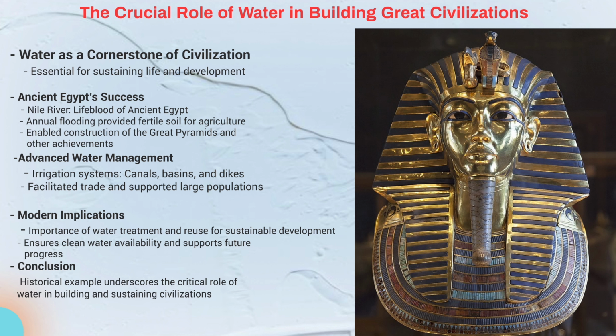The Nile's predictable flooding allowed for advanced agriculture, supporting a large population and enabling the construction of remarkable structures like the Great Pyramids. Their sophisticated irrigation techniques and water management systems were key to their prosperity.